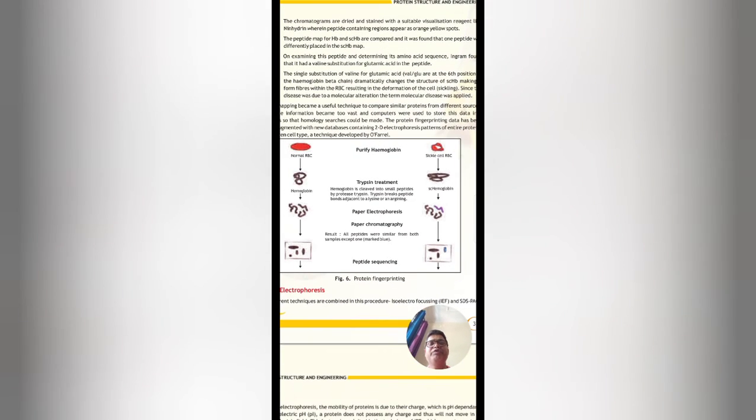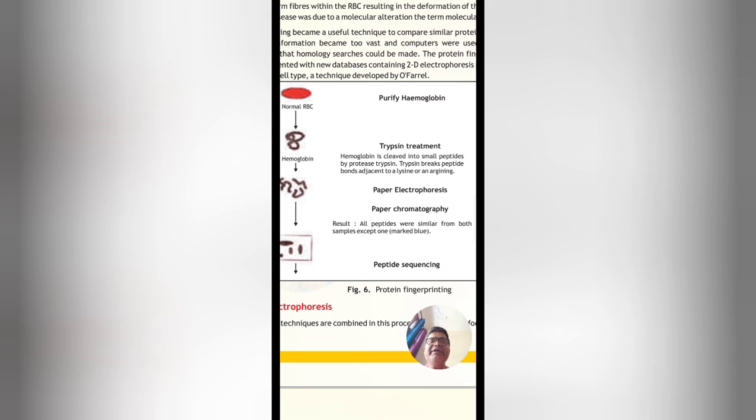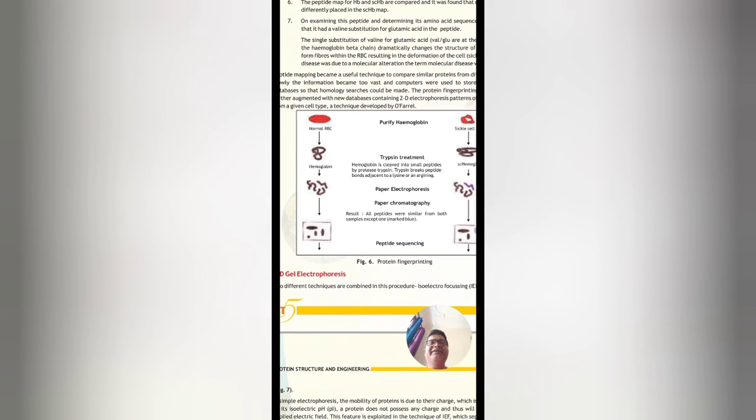Now after purification of the hemoglobin, he gave the treatment with trypsin. Trypsin cuts the peptide bond near the lysine or arginine residues present in the polypeptide chain of hemoglobin. There trypsin cut and gave fragments of this polypeptide.